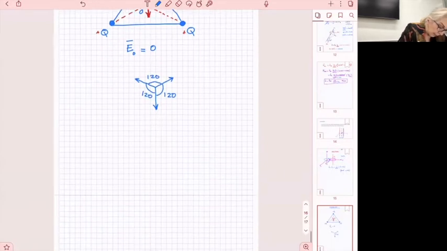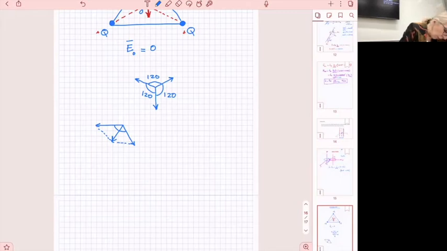Why is that? If I take two equal vectors and I place them at a 120 degree angle between them, what they're going to give me is two isosceles triangles.